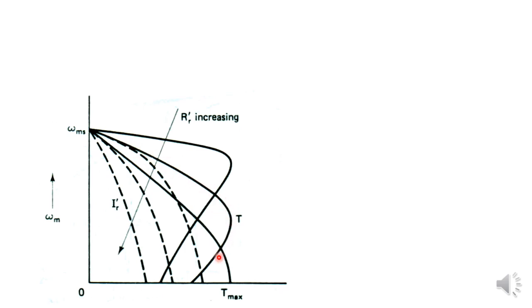The second curve shows the characteristics for a much higher value of rotor resistance. The third curve shows the characteristics with again a higher value of rotor resistance. So we can see that as rotor resistance increases, speed decreases. On the y-axis we have plotted speed, so speed goes on decreasing.